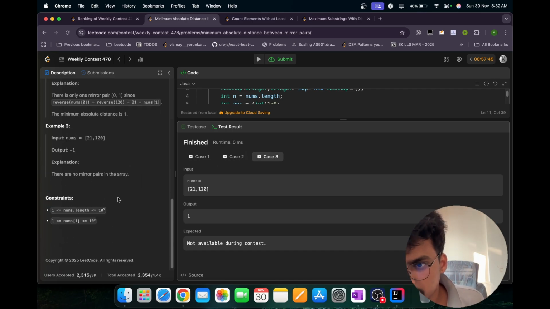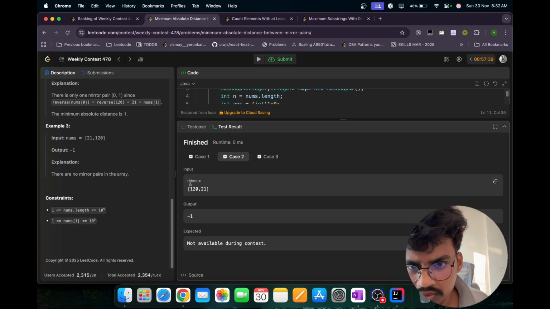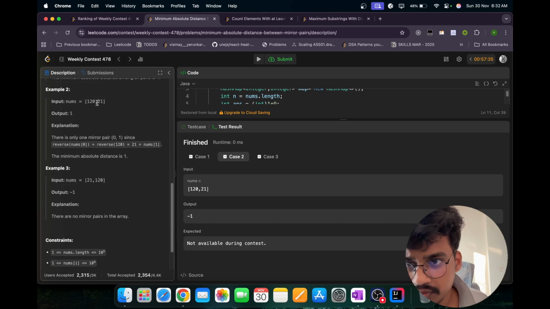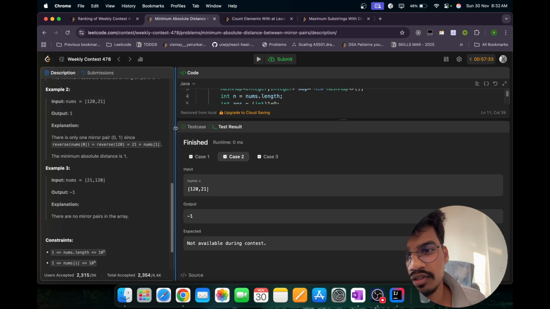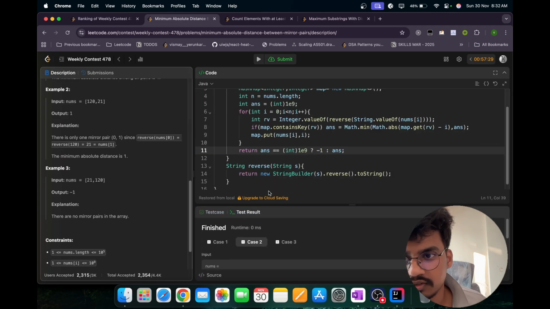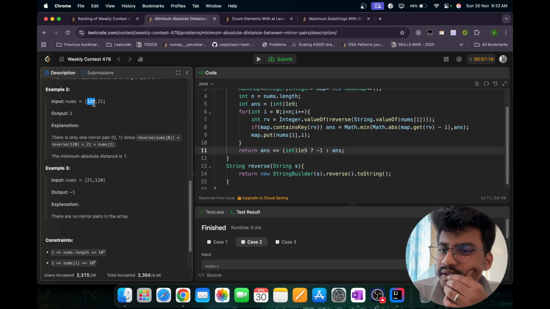One minus one, and okay, for 3 it was minus 1, for 2 it was 120 and 21. Interesting. For this the reverse exists. So should I do this for the reverse of the array as well?